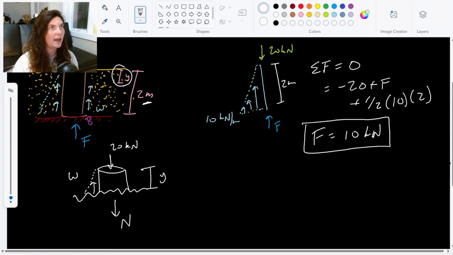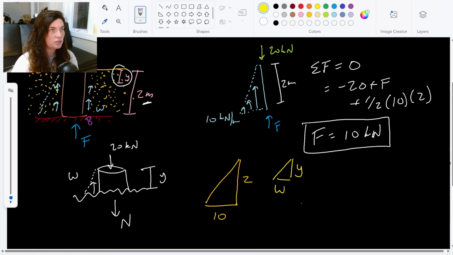So for this triangular distributed load, I need to set up a ratio to represent what W is. Because if I have the 2 meter depth that has this 10 kilonewton per meter height, then in my ratio triangle, for whatever the W is, my Y would be on the side here.